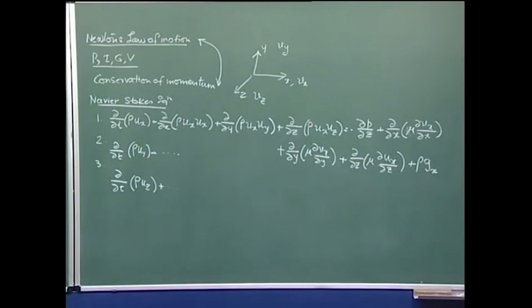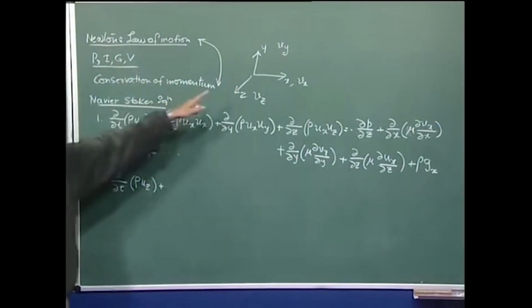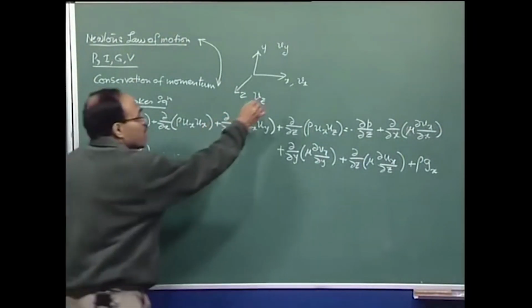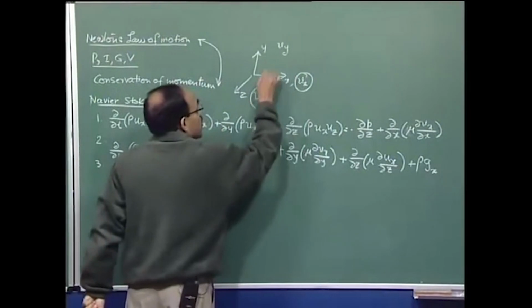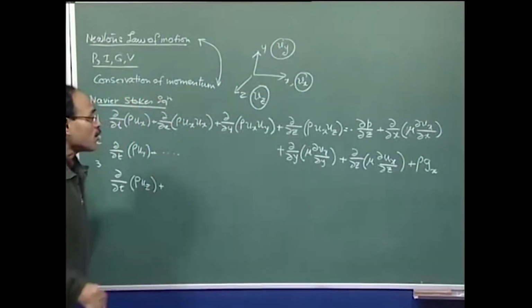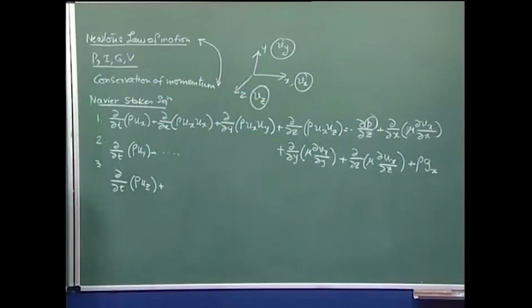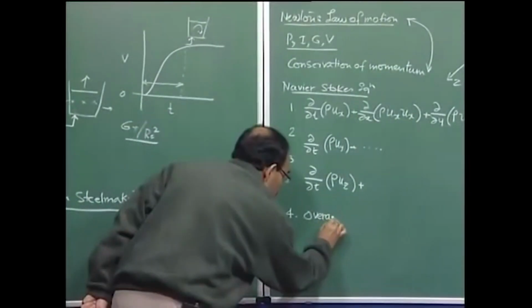So, for conservation of momentum in a three-dimensional flow, we get three such equations. The unknowns are ux, uy, uz, three unknowns, but on top of that there is another unknown, pressure, which is to be calculated as part of the solution. So, the fourth equation which is always needed is the overall continuity equation.